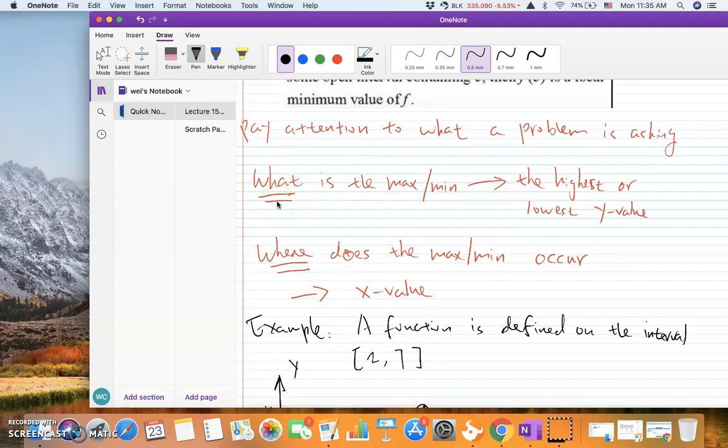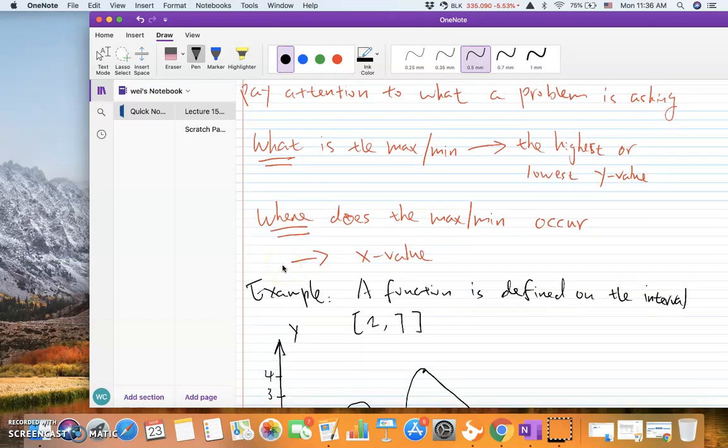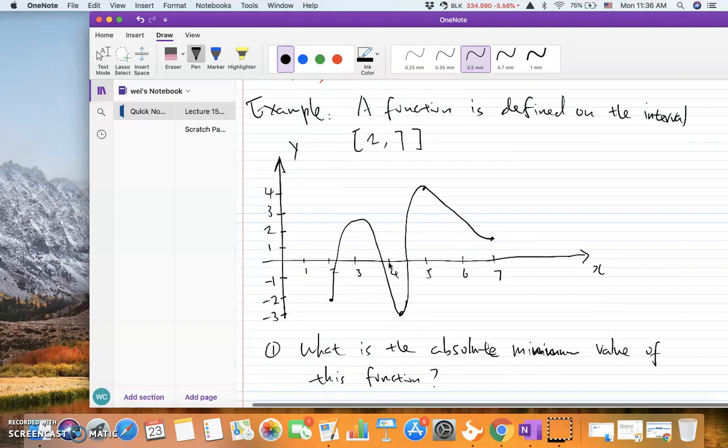So when the problem asks for the maximum or minimum values, your answer is supposed to be the y values. So if we ask for the maximum value, your answer should be the highest y value. If the question asks for the minimum value, your answer should be the lowest y value. But if the question asks where the maximum or minimum value occurs, then your answer is supposed to be the x values.